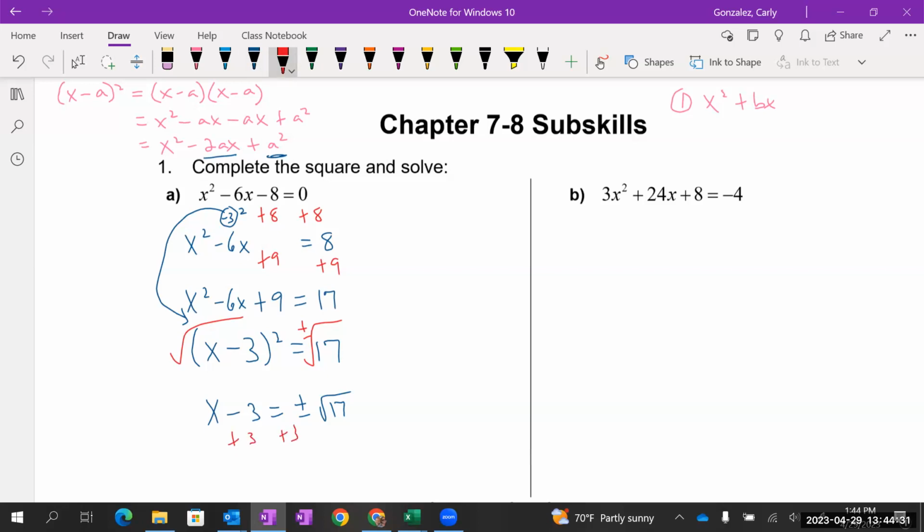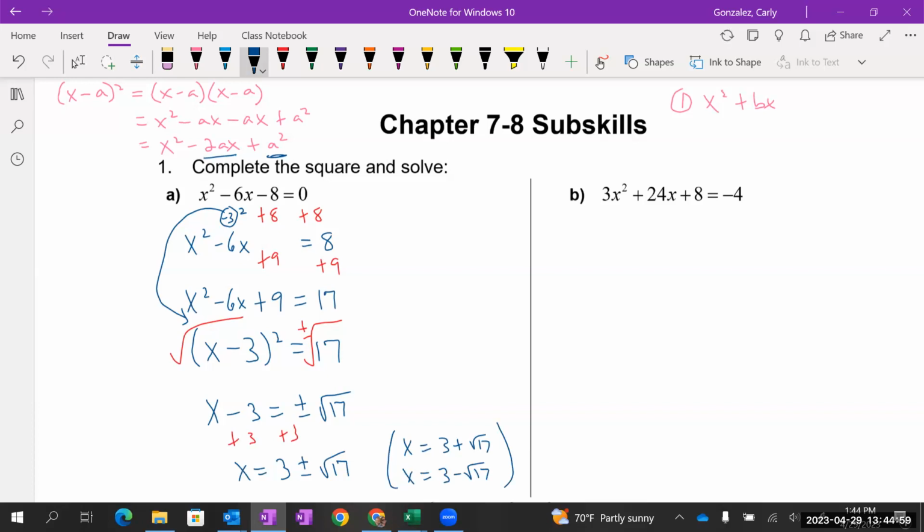Notice the 3 is a whole number, and the rad 17 is not. Since the 17 is under the square root, we cannot combine those terms. So we just get 3 plus or minus rad 17. In essence, we got two solutions: x could be 3 plus rad 17, or x could be 3 minus rad 17. And that's it.